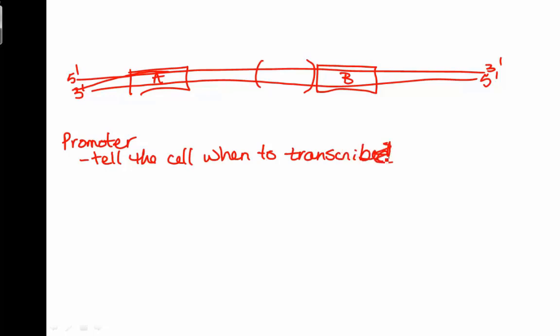There are specific features in the promoter that are going to tell the cell when they would want to use this particular gene. One of those features is what we oftentimes call a TATA box. Now this is called a TATA box because it is a series of T's and A's, usually TA, TA, AA, that is buried inside a bunch of other nucleotides that happen to be in that promoter region.